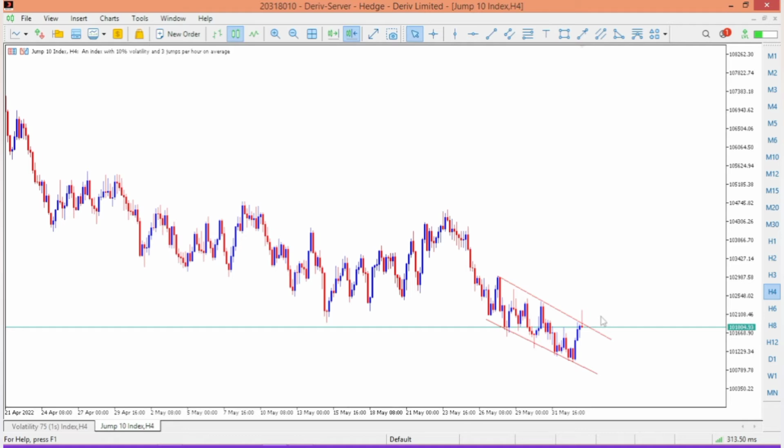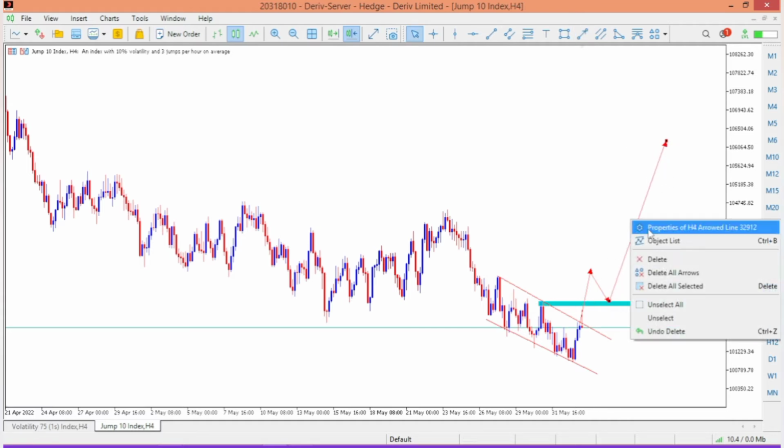So right now we just fold our hands and wait for price to break either way. If it breaks to the upside, we should first wait for this high here to be taken out. Once it's taken out, a test of that high, of that zone, should give us an entry to the upside.